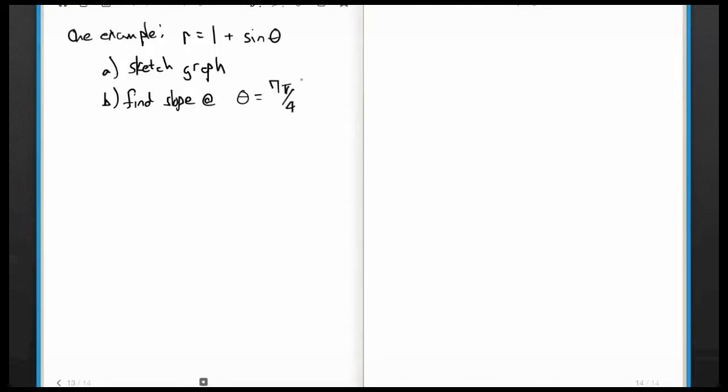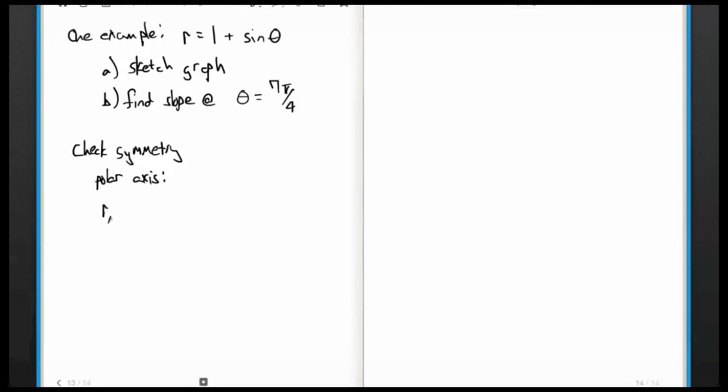All right, so here we go. We'll check for symmetry. So polar axis. So I know that if that works, it should go to r of theta is the same as r of negative theta.